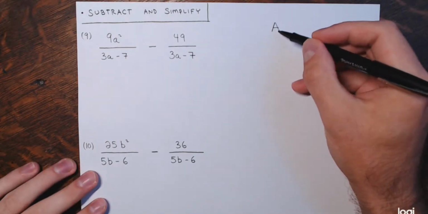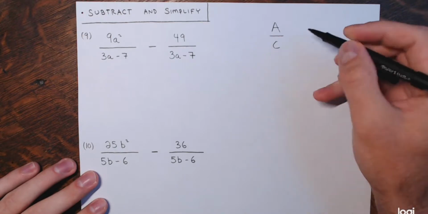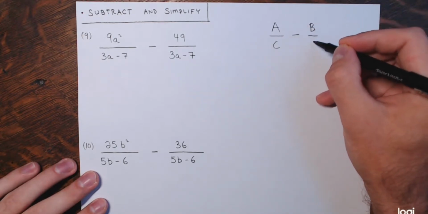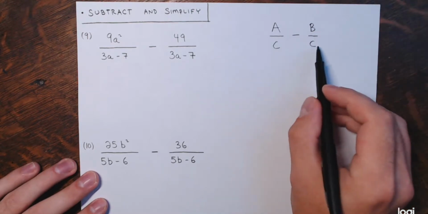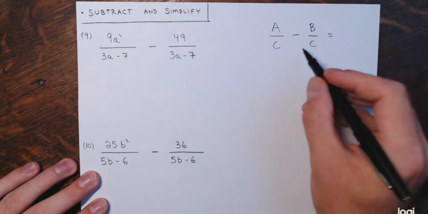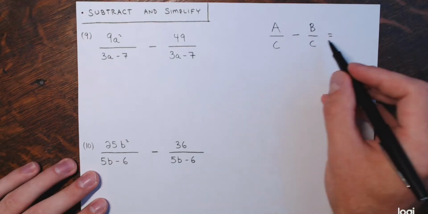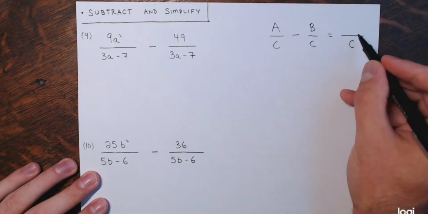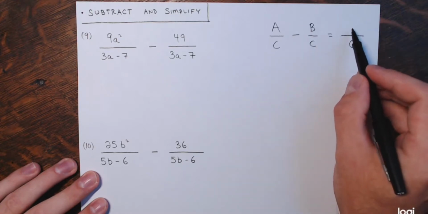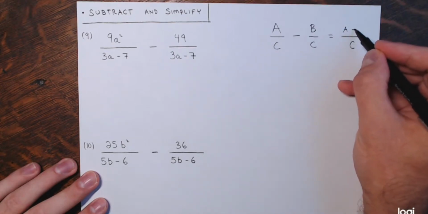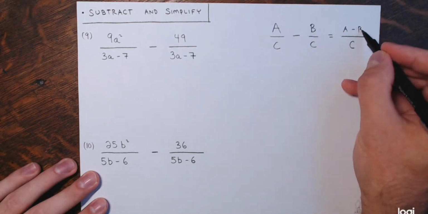If you have a over c and you subtract b over c, if the two fractions you are subtracting have the same denominator already, that denominator will be the denominator of the difference, and the numerator of the difference will be the first numerator minus the second numerator, a minus b.